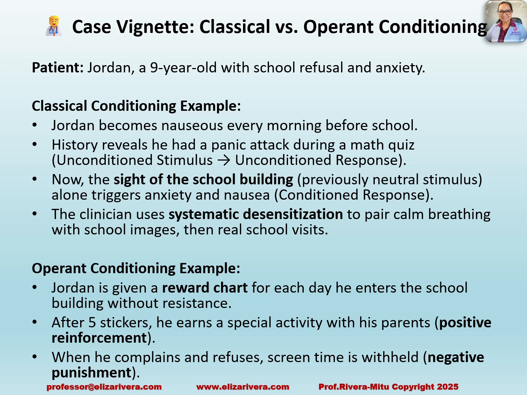This is positive reinforcement, adding something desirable to encourage the behavior. On the other hand, when Jordan refuses to go or begins to tantrum, his parents withhold screen time. This is an example of negative punishment, removing something desirable to reduce unwanted behavior.